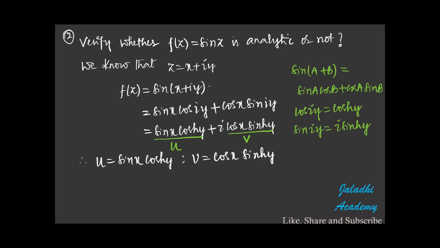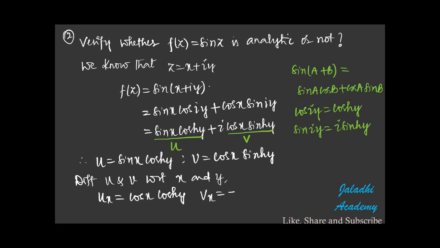Once we have the real and imaginary parts, differentiate u and v with respect to x and y separately. Differentiating, we get ux: differentiation of sin x is cos x, cos hy is a constant, so we write it as it is, and vx: differentiation of cos x is minus sin x into sin hy.